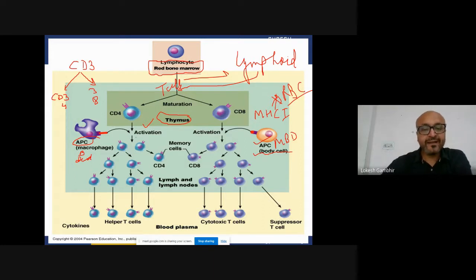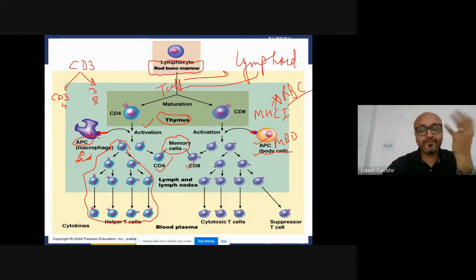Once they are activated, they will differentiate into effector cells, which will be responsible for carrying out their function, and they will also convert into memory cells. So memory cells, CD4 and CD8, will always be there. But you should understand that after maturation, the activation and exposure to a particular antigen happens inside the lymph node.